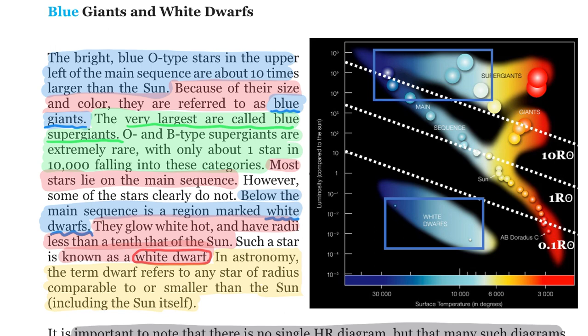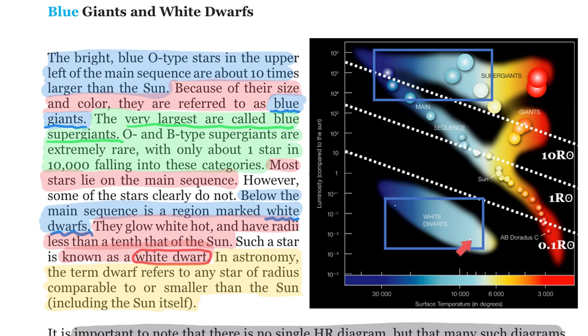Now, below the main sequence is the region of white dwarfs, and they glow white hot, which is very hot, in the region of 10,000 plus Kelvin. But you can see within this white dwarf region, the universe is a very big place, that's the greatest understatement I could make, you've got all sorts of varieties.